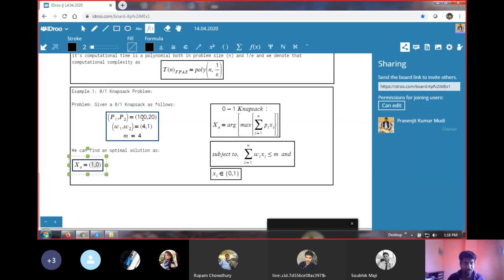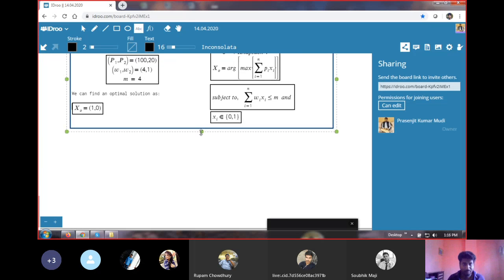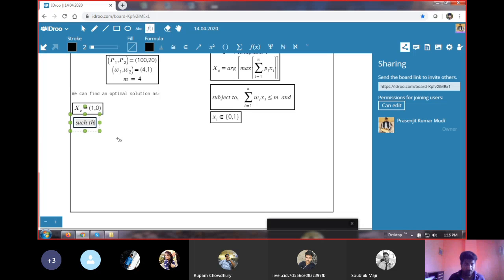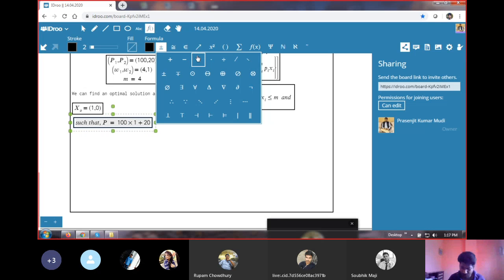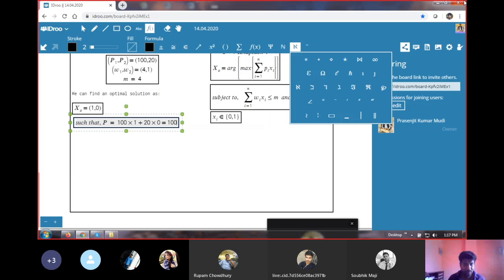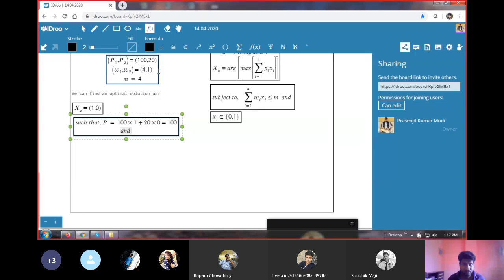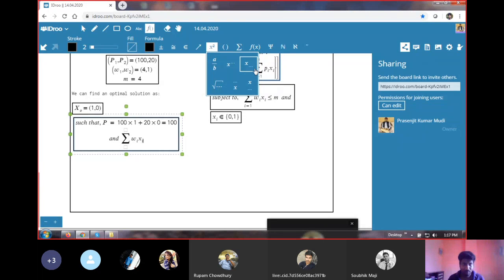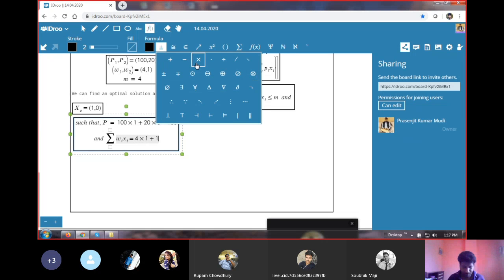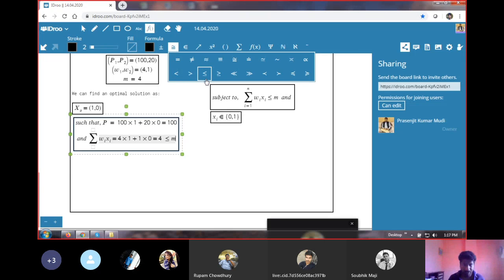For which we have profit P as 100 into 1 plus 20 into 0, and the summation of Wi xi is 4 into 1 plus 1 into 0, that's equal to 4, less than or equal to m.